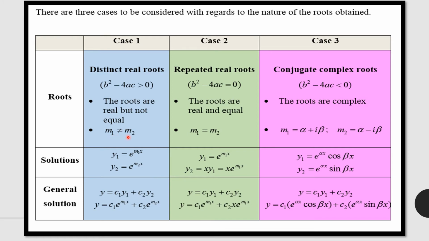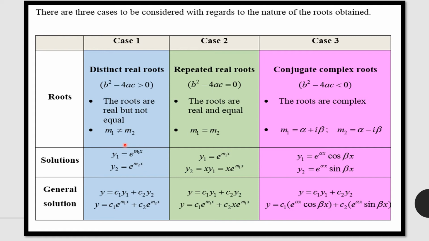Now, if you use the quadratic formula, you will find out that this expression under the radical, b squared minus 4ac, is positive. In this case, if m1 is not equal to m2, then you will have to write the solution in these two forms. y1 is e to the power of m1x, y2 is e to the power of m2x.